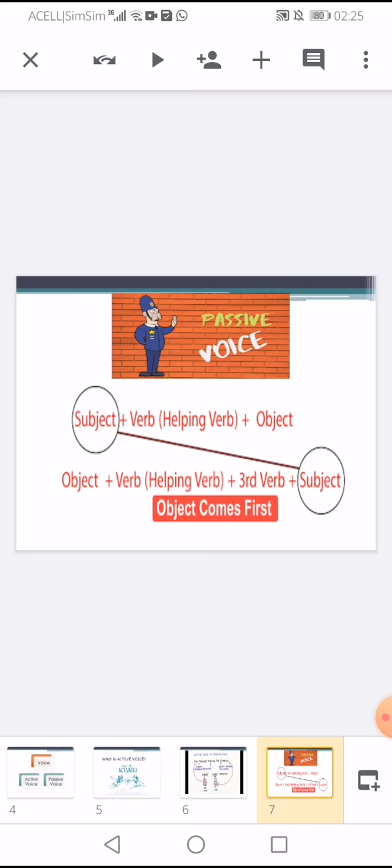Active voice focuses attention on the subject, which brings clarity and forcefulness to our writing. Studies show that active voice sentences are easier to understand than passive voice sentences. In general, the passive voice is less direct, less forceful and less concise than the active voice.